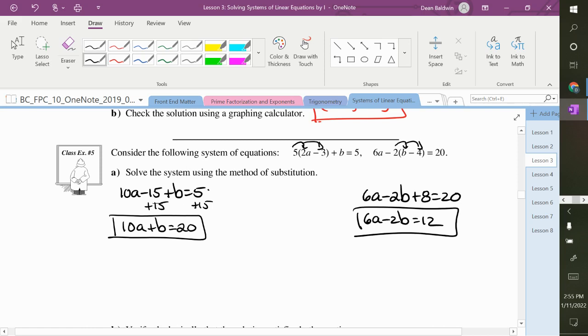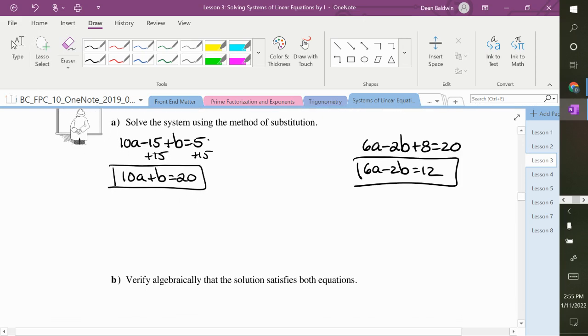There's my second equation. So now it's like the other stuff. We've simplified the equations, so then you look at them, and is there a variable that would be easy to solve for? B in the first one, right? Because it has a coefficient of 1. So this one right here.